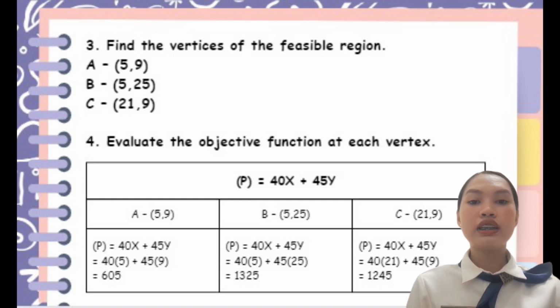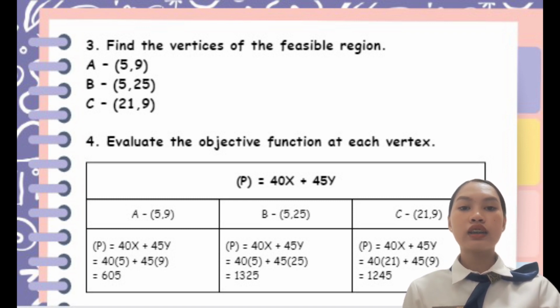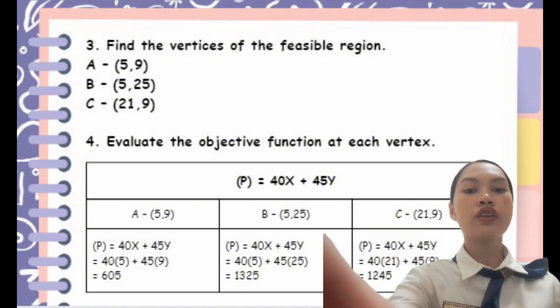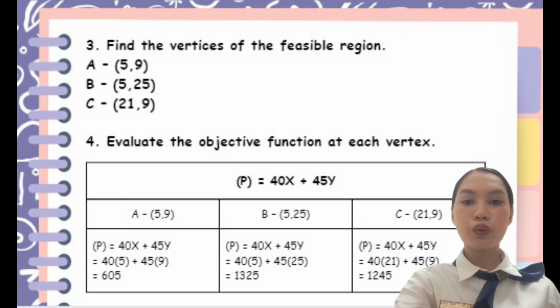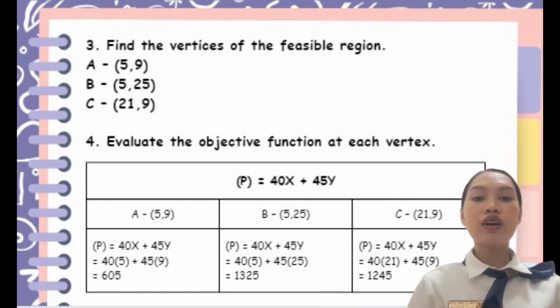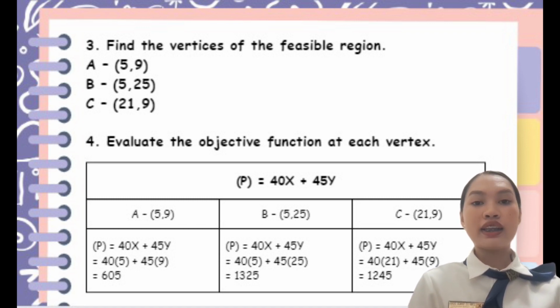And third, the intersection of y equals 9 and x plus y equals 30 is the coordinates 21 and 9. Now we evaluate the profit function P equals 40x plus 45y at each of the vertices.